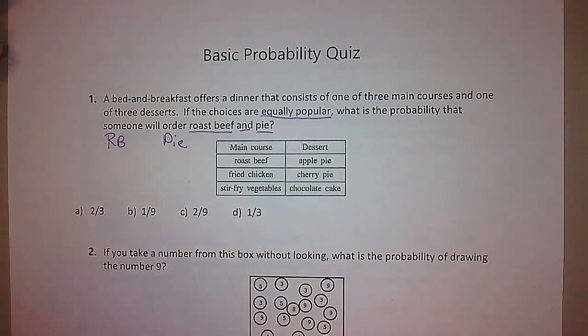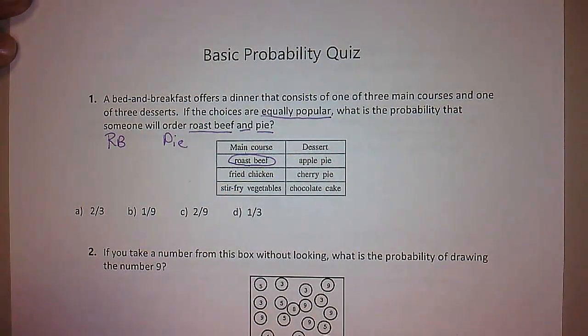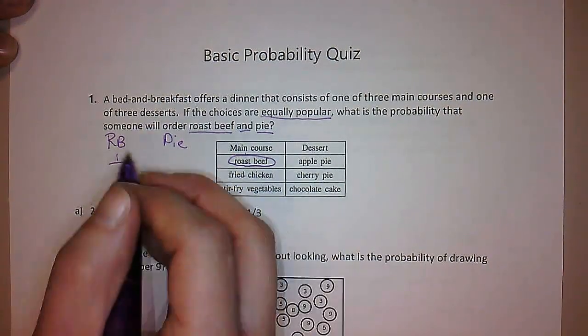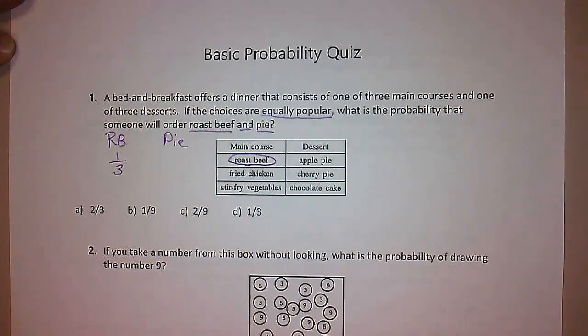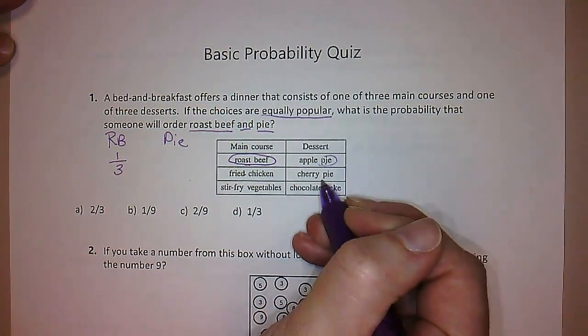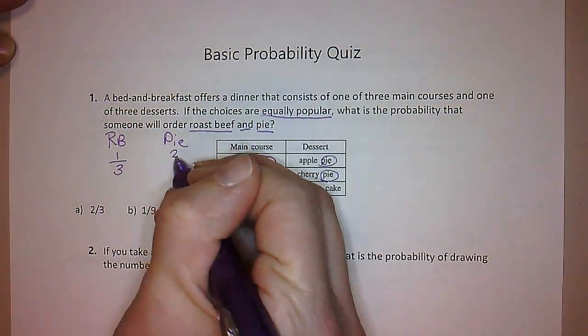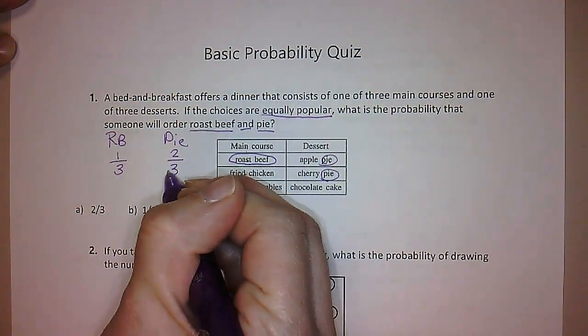So for roast beef, there's just one option in the main course, and that's 1 out of 1, 2, 3 choices. For pie, when you look at the desserts, there's apple pie, there's cherry pie, and there's chocolate cake. So there's 2 pie choices out of a total of 1, 2, 3 dessert choices.